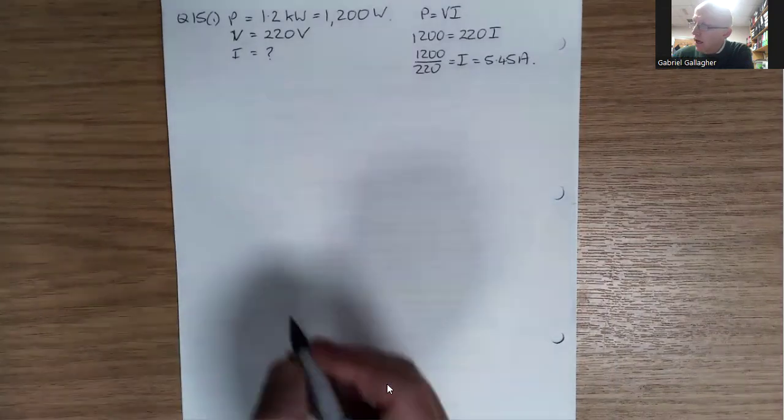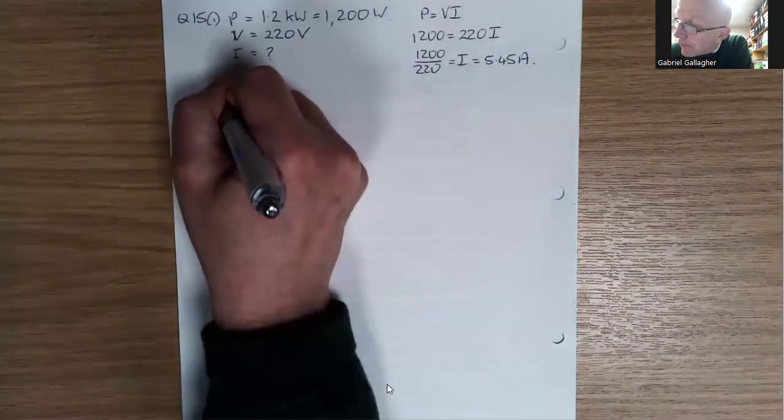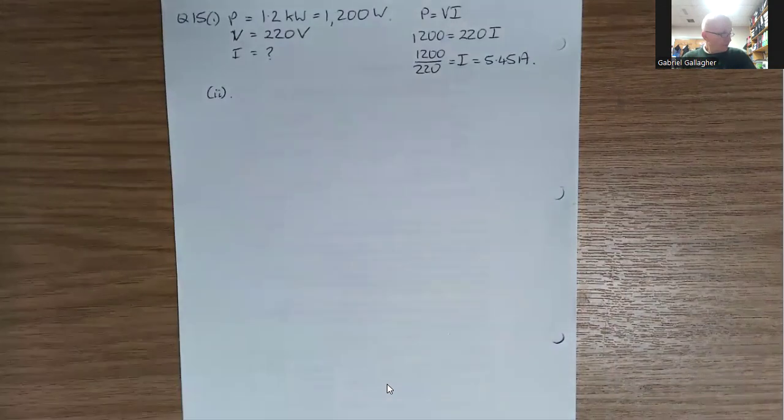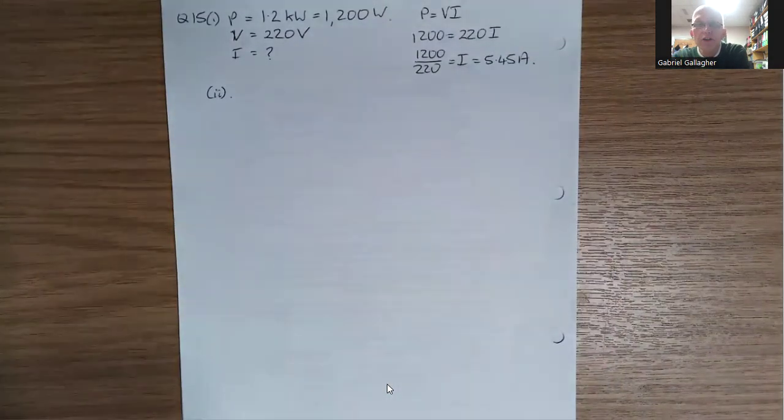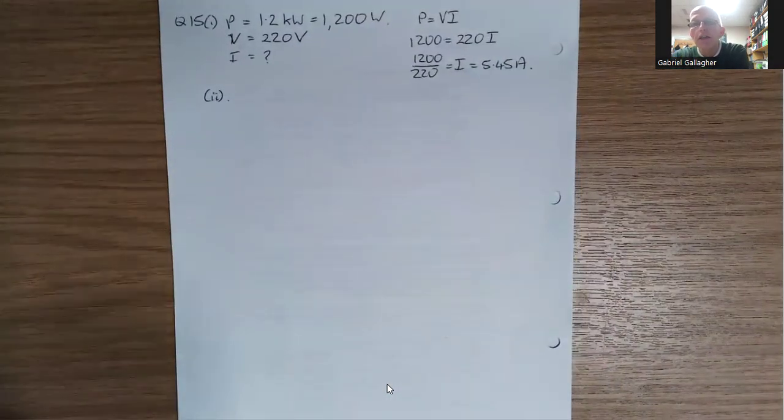Okay. Now part two asks you about the fuse. Select a suitable fuse for the kettle. So what this number tells us is that if the kettle is working correctly, it will draw 5.45 amps of current through it. That means there's no point in selecting a fuse that is lower than 5.45 amps.